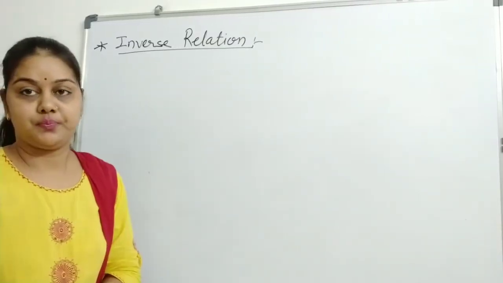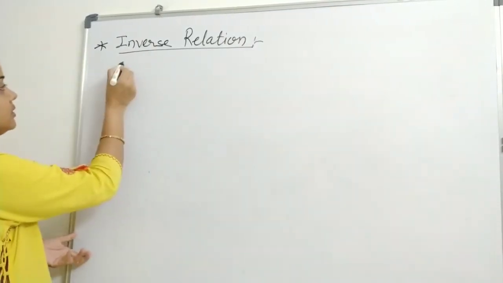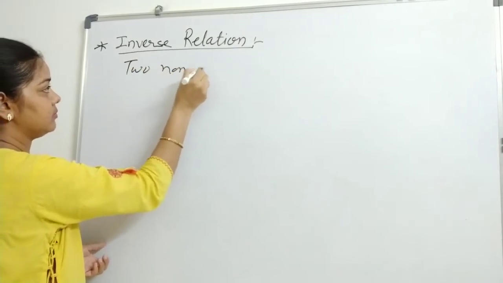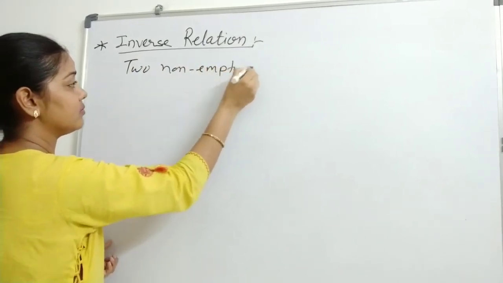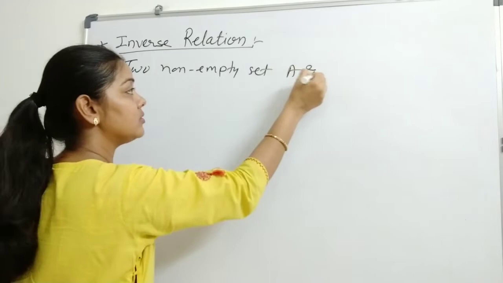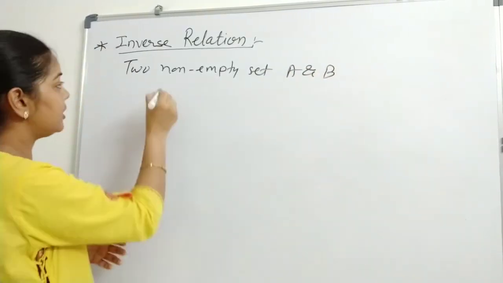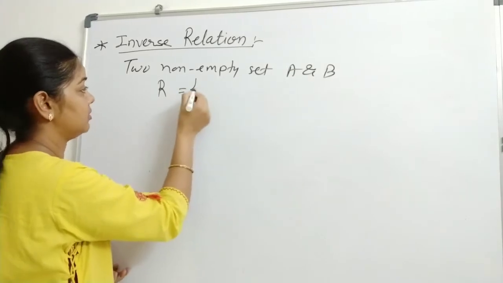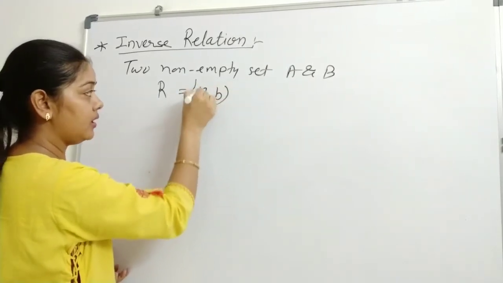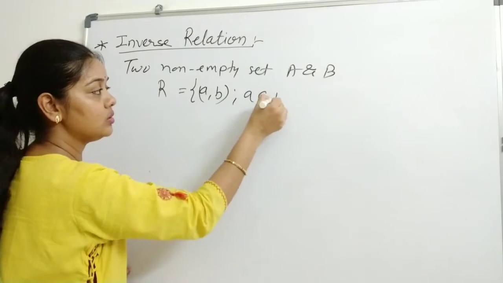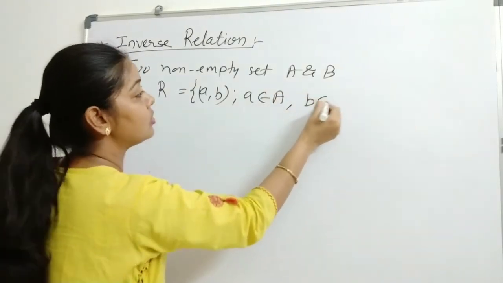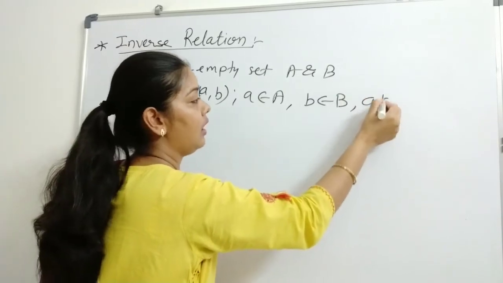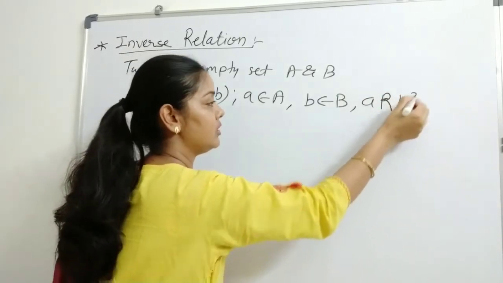Inverse relation. Suppose I am given 2 non-empty sets A and B. Then any relation R is defined as (a, b), where a belongs to set A, b belongs to set B, and a and b are having some relation.